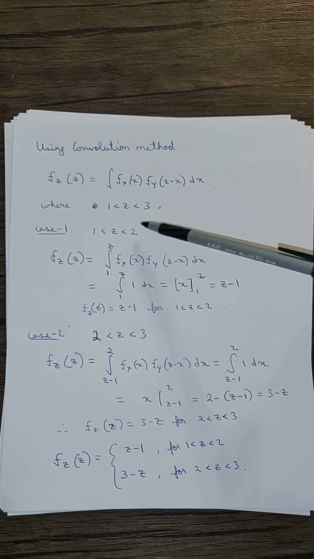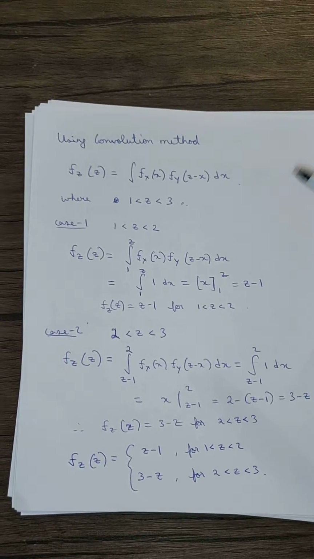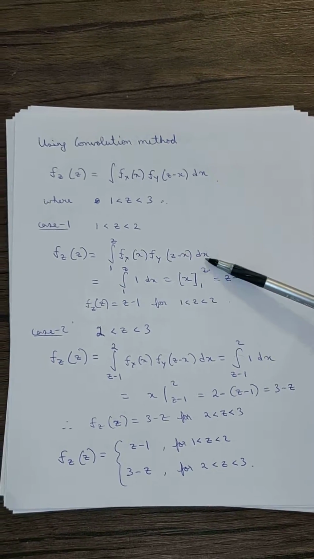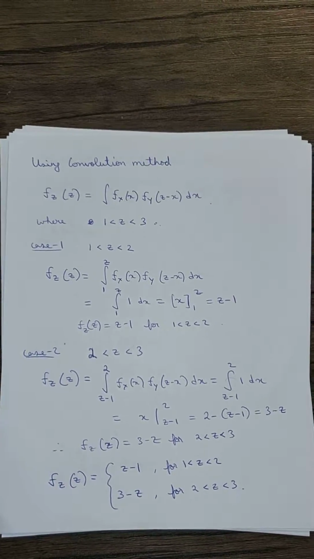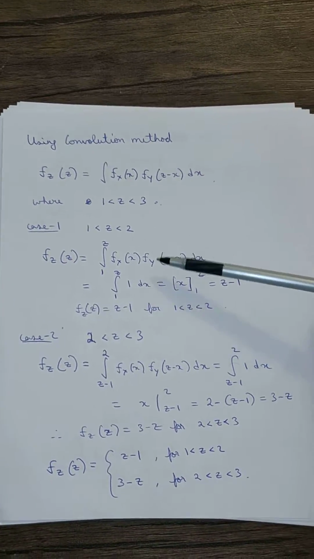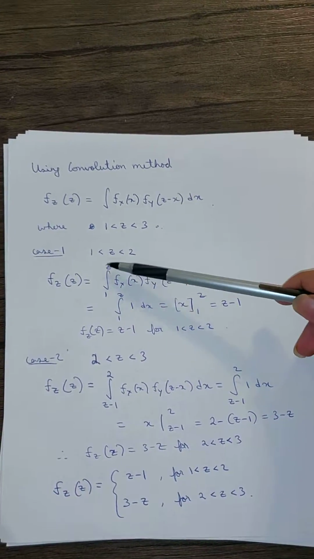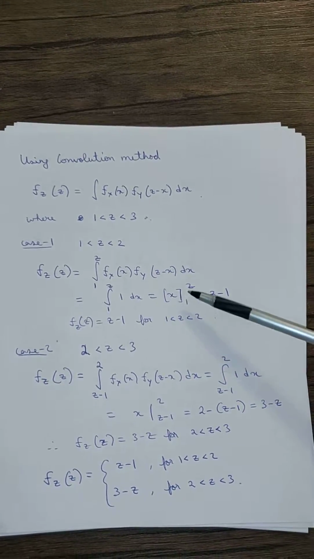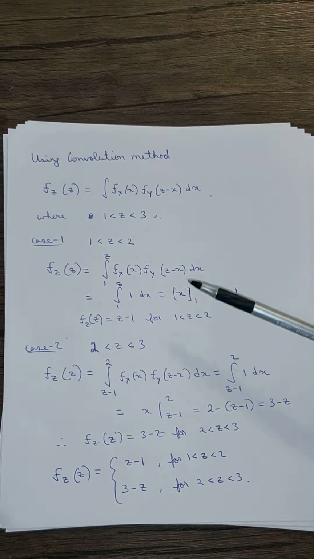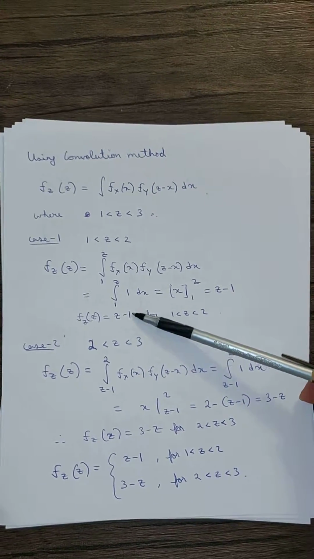In the first region, since we are integrating with respect to X, our limit should depend on X. X is uniform in 1 to 2, so the lower limit is 1 and the upper limit is Z for some fixed Z. Integrating from 1 to Z, we get Z minus 1.